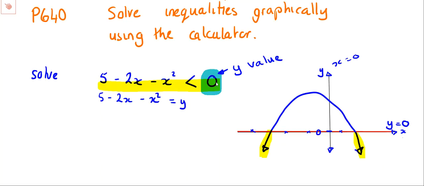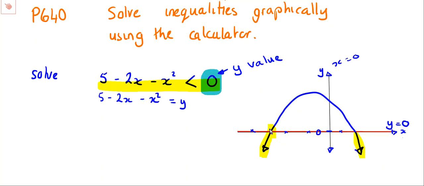So you said that the highlighted part is the solution to that? Well, that's all the possible values where, because this line is the 5 minus 2x minus x squared, anything under the x-axis is when this function would be less than 0. Where is it equal to 0? On the line.